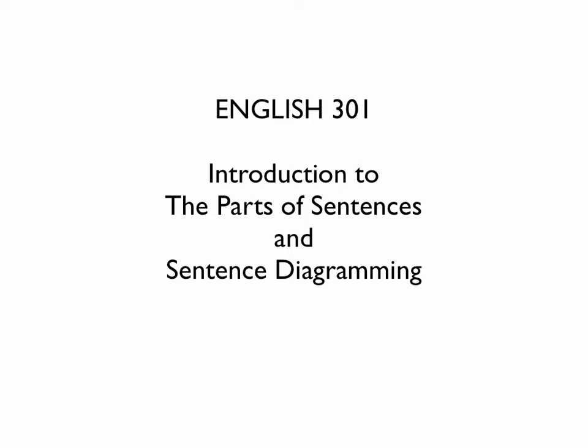Here is how we begin to diagram, that is, to identify the sentence parts in any sentence. First, identify the parts of speech. Understanding what the parts of speech are in any sentence is absolutely critical to diagramming well, to understanding the parts of the sentences.